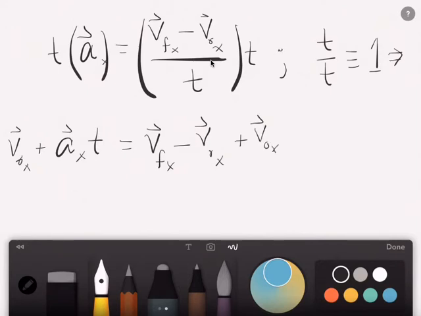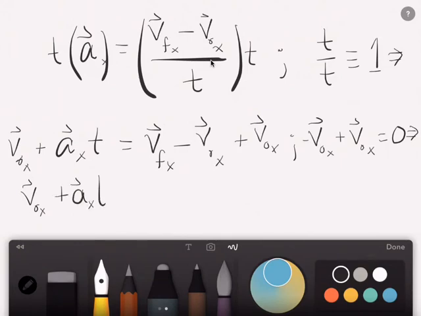When you do that, you know that the negative initial velocity in the x direction plus the positive is just equal to what? 0 is correct. Since that is the case, this implies that we can write v initial, the initial velocity in the x direction, plus the acceleration in the x direction times time equals our final velocity in the x direction.